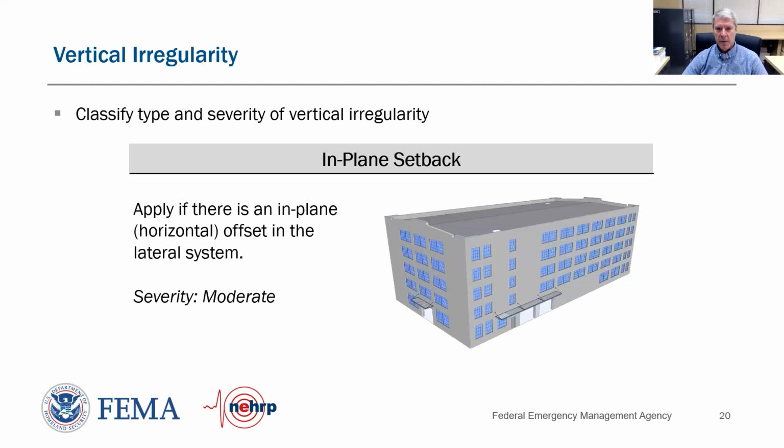Another vertical irregularity is an in-plane setback. Here is another illustration of our typical five-story building, where we've got a very large wall section or shear wall section coming down on the outside.